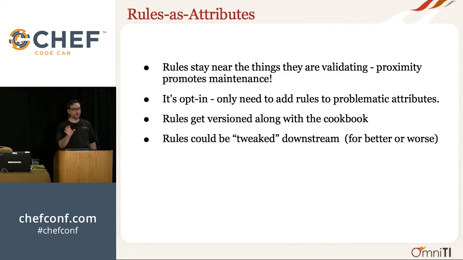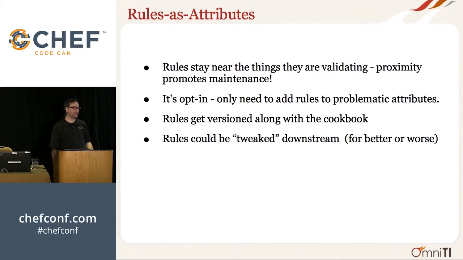The gem exposes a simple call: you can just say require chef attribute validator, and then Chef::Attribute::Validator.validate_all(node), and then poof, you just validated everything, and it'll return an array of violations that it found. Then you can do something like, if that array is non-empty, halt the convergence. And if you do that, congratulations, you have implemented the compile time check. That is exactly what it does.